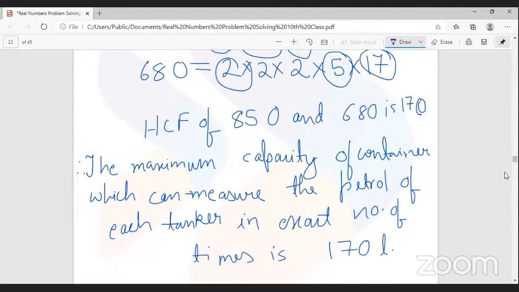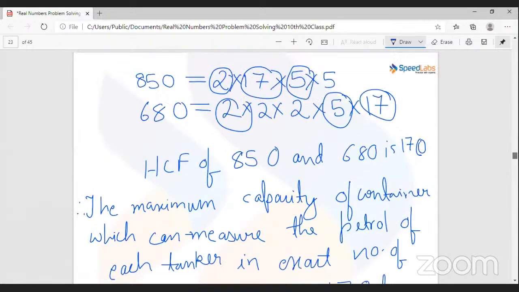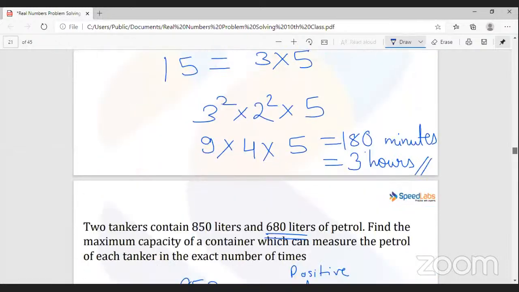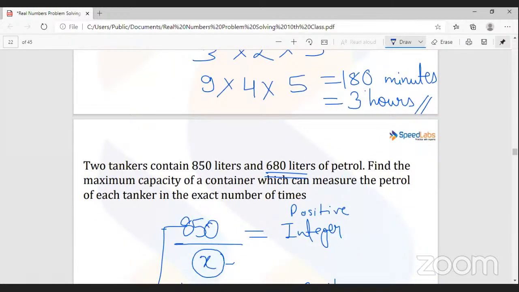So now I hope this confusion between where to find LCM and where to find HCF is resolved, right?